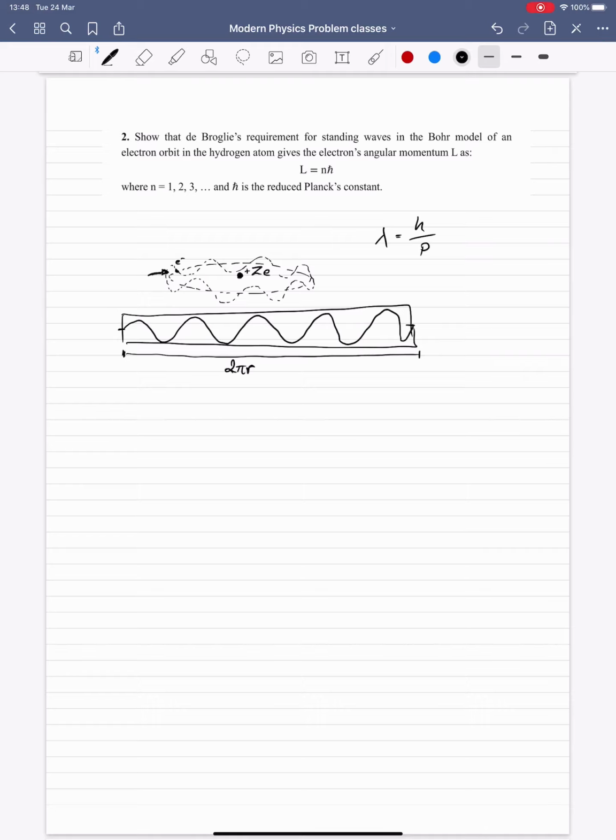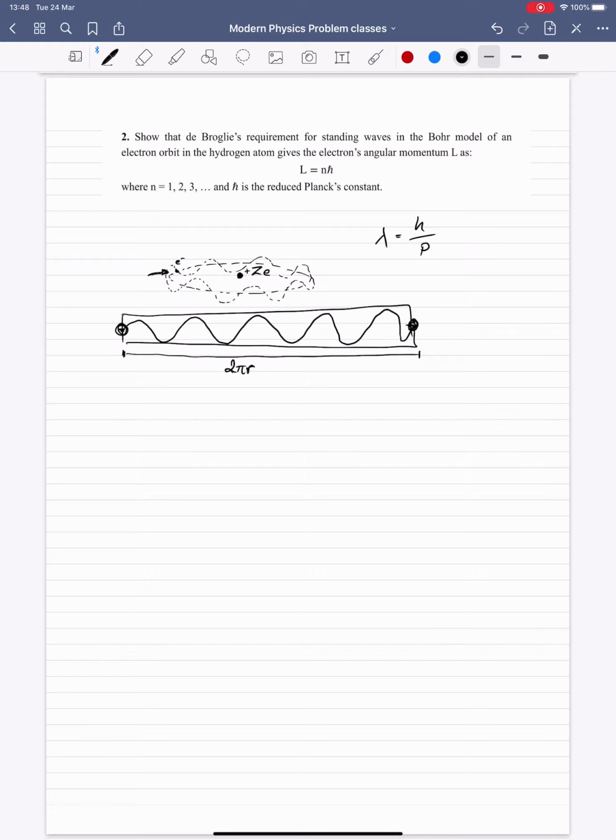The other condition that we must have is that at the ends, they must be in the same phase. So if, for example, we have a sine wave at this point and at this point, they must both be at 0. It doesn't make sense for our electron to have some wave behavior where there's a discontinuity at any point of our orbit. So what does that mean?